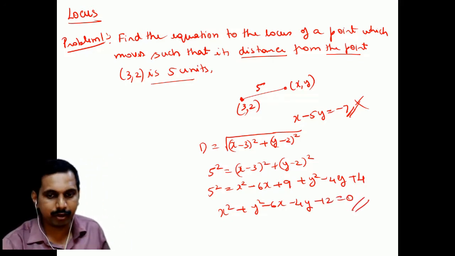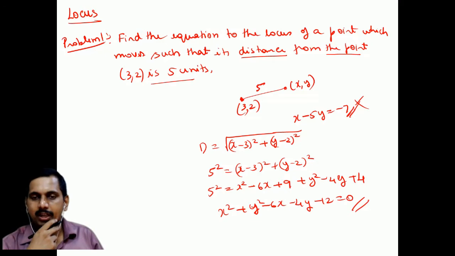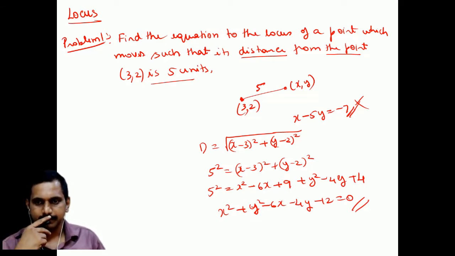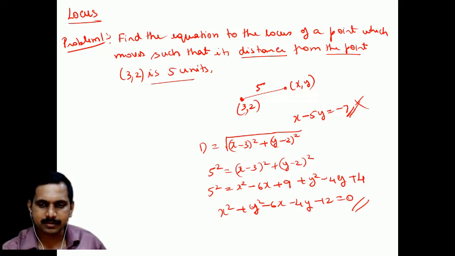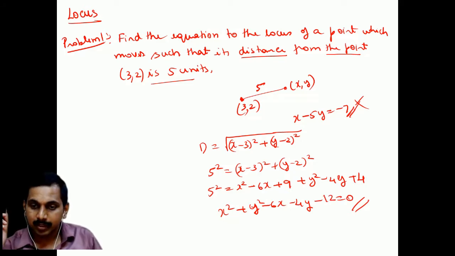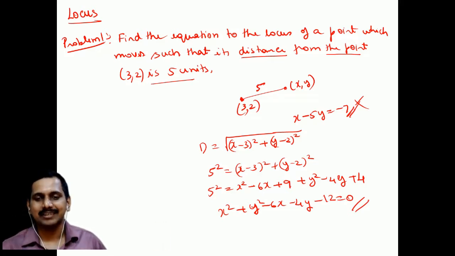What is this equation for? What type of curve is this, students? It's a circle. Very good. What is the center of the circle? (3, 2). Exactly. Simple and straight. Got it?